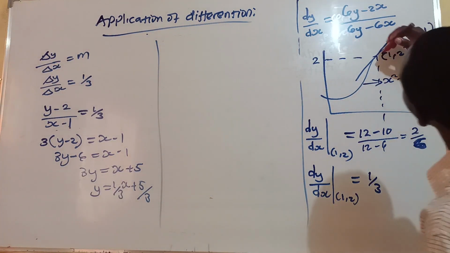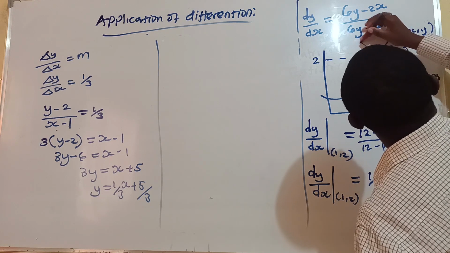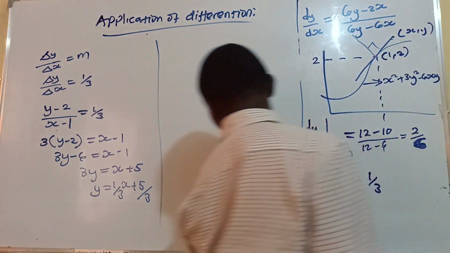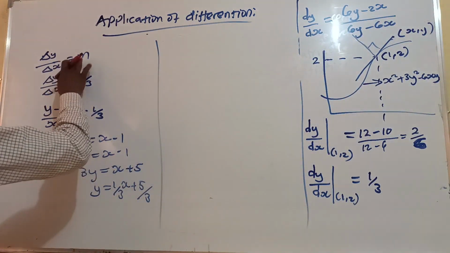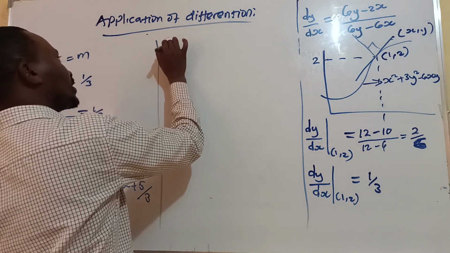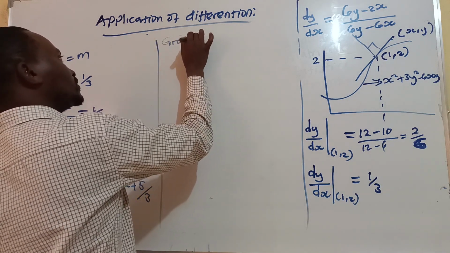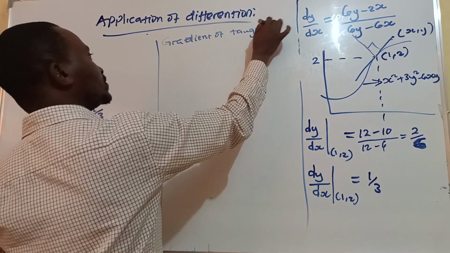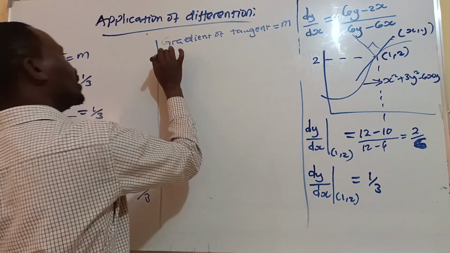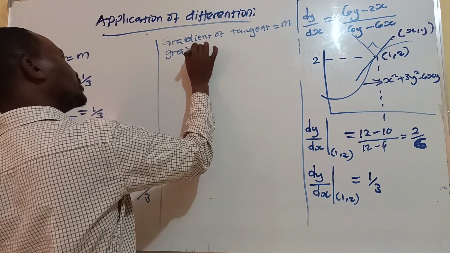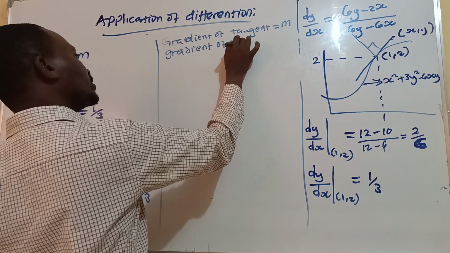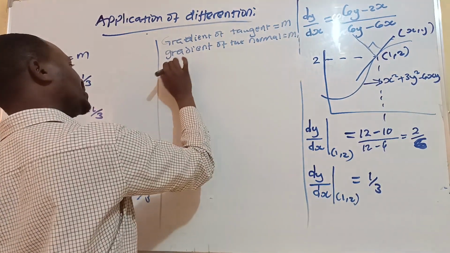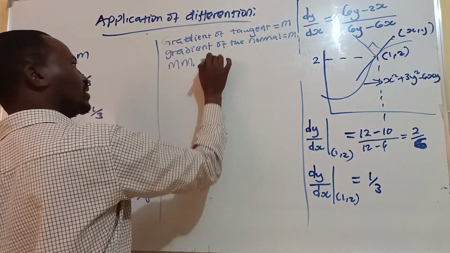Sometimes you are also told to get the equation of the normal. The normal is this right here, that is making an angle of 90 degrees with the tangent. It's also easy because if we take the gradient of the tangent to be m, and the gradient of the normal to be m1, then m times m1 is equal to -1.